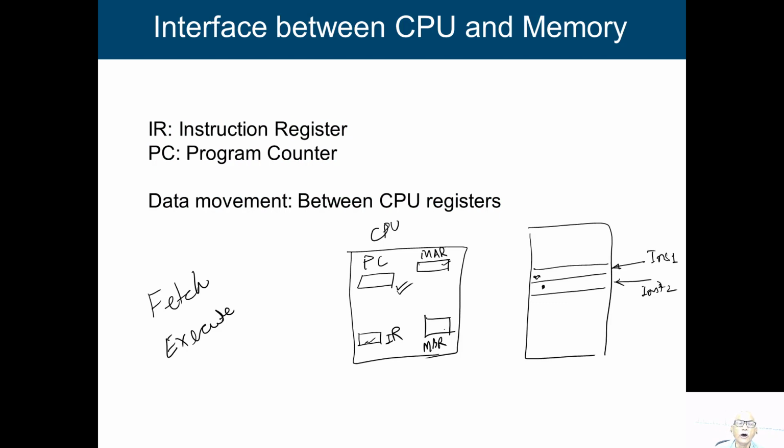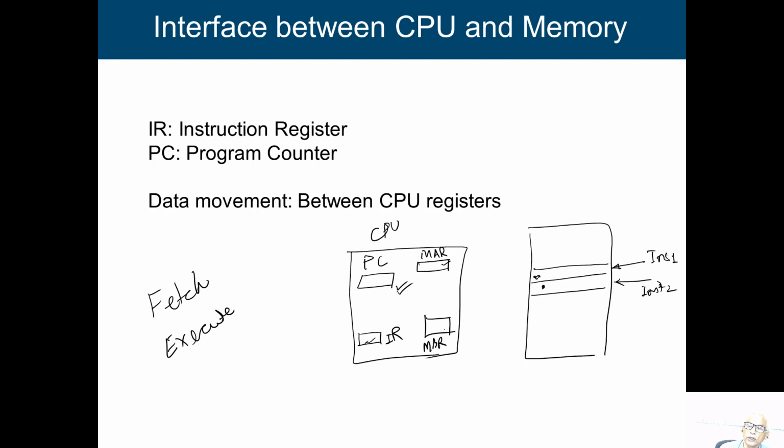Now, how will you know that you have to bring the instruction from this particular memory location, and after executing this instruction, that the next instruction has to be fetched from the adjacent or next memory location? We have to keep this information somewhere, as part of our bookkeeping.